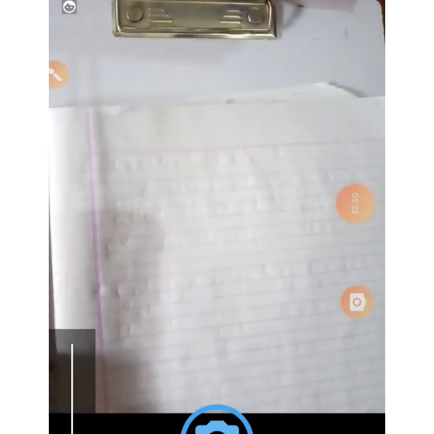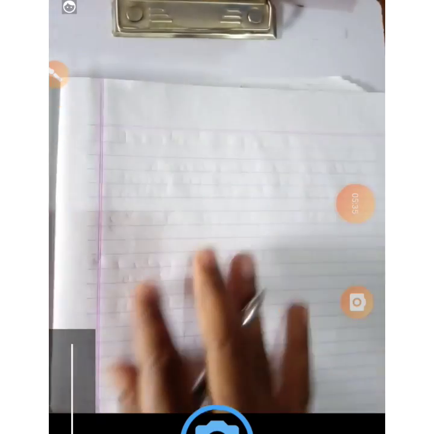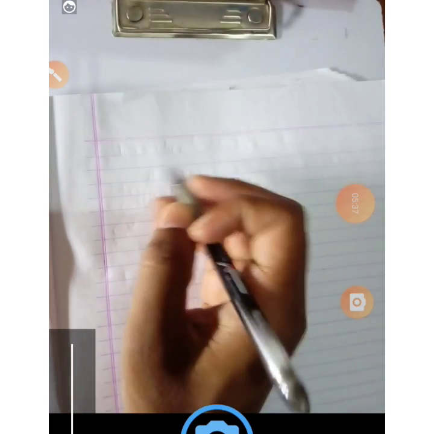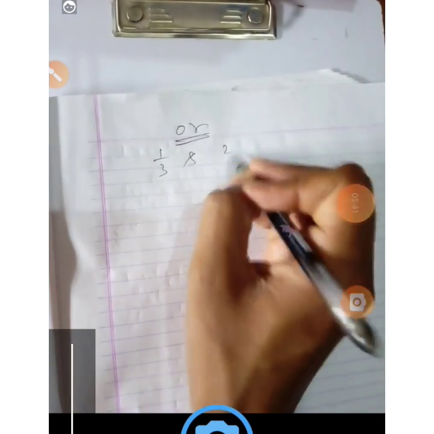In another, easier method, we want to find 4 rational numbers between 1 by 3 and 2 by 5.